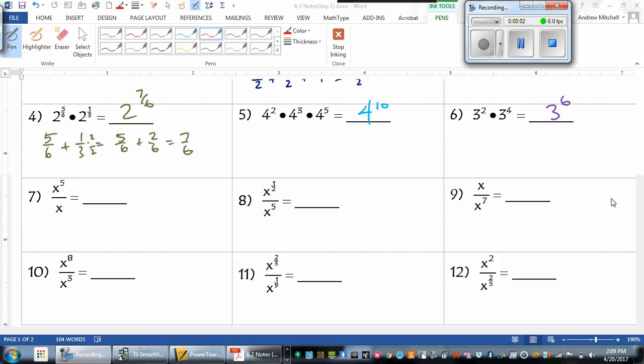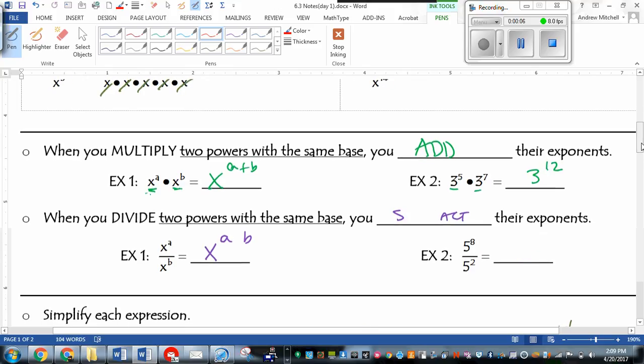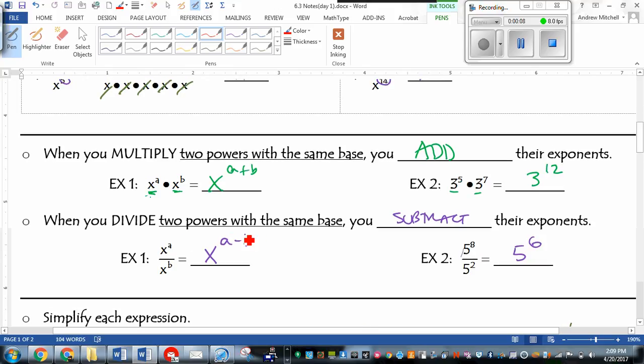All right, we take a look at 7 through 9, but real quick, I want to look back up here at our rules that we had. When you divide two powers of the same base, you subtract their exponents. The little thing I want to do for this one is we always want to take the bigger exponent minus the smaller one.